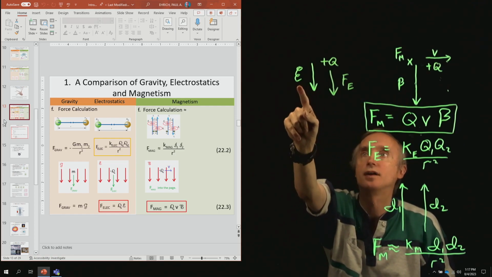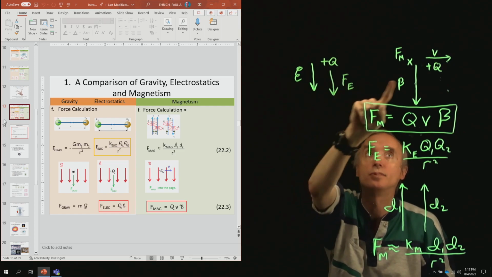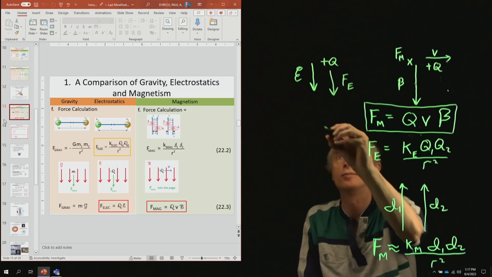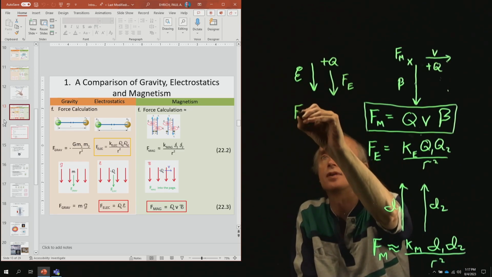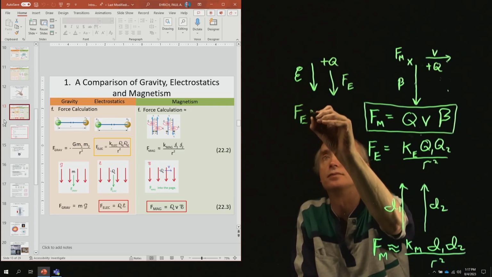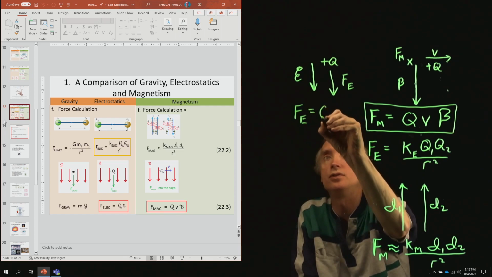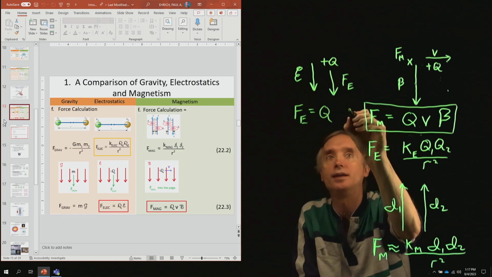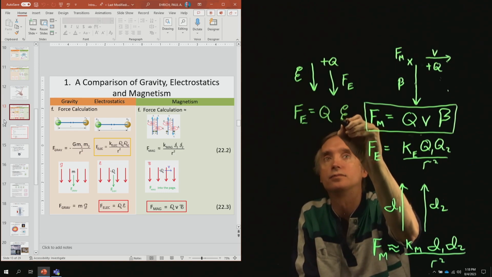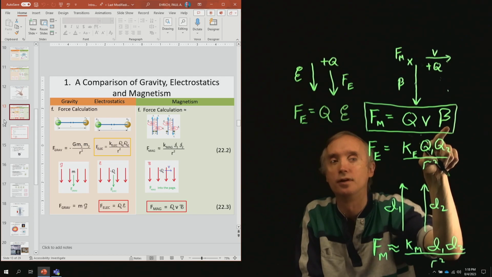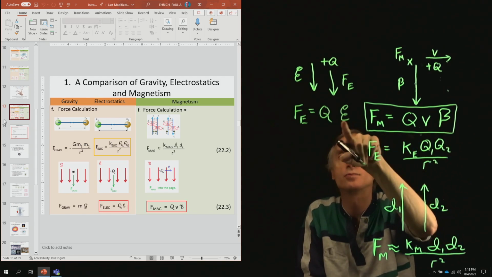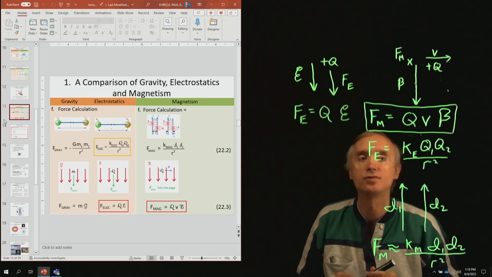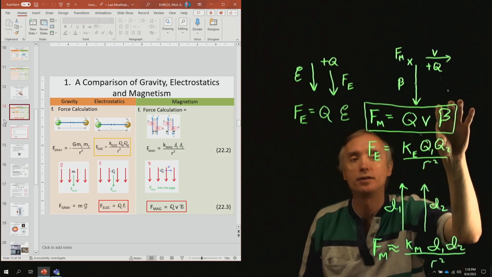The force and the electric field point in the same direction, but over here they're perpendicular. But look at the formula. So the force of electricity is going to be equal to Q, just like this one. It's going to depend on the electric field, like this one over here, but this one doesn't have the V. So this one does depend on the speed.